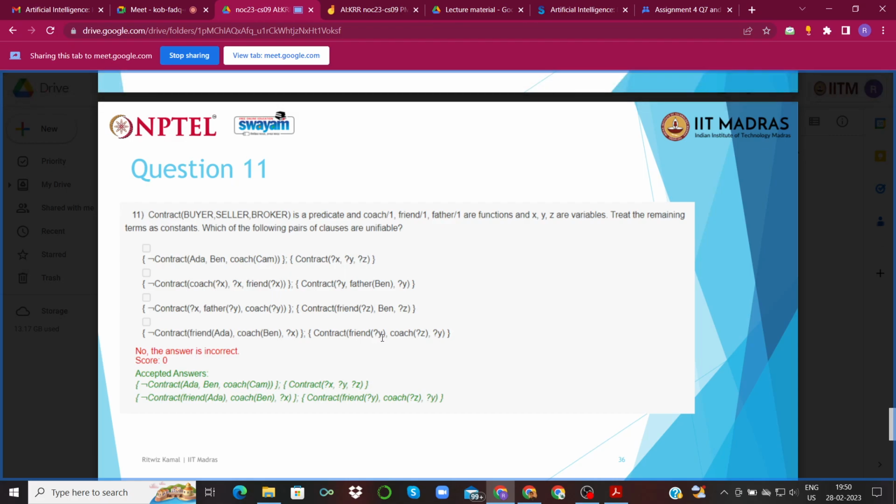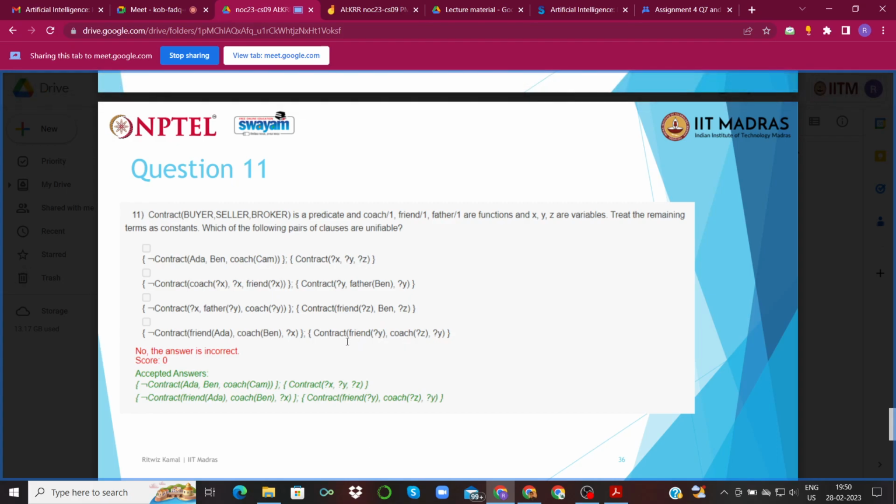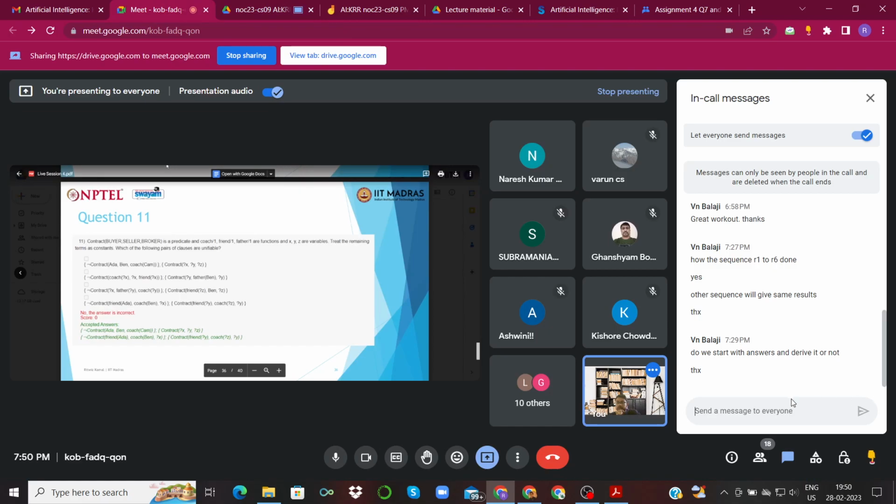That would do away with any ambiguity that there could exist. So just revisit the unification algorithm slide from week 4, and hopefully that will help you resolve any queries.